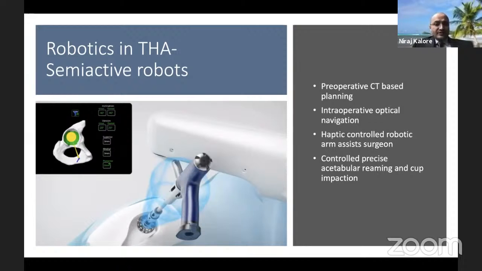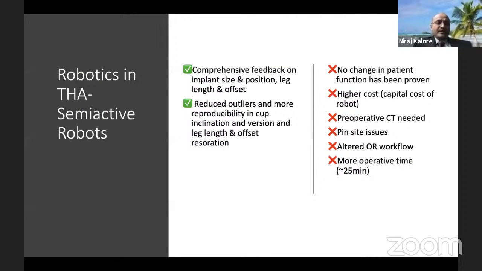It basically controls and makes sure that your acetabular reaming and cup impaction is appropriate, and gives feedback on implant size, position, leg length, offset, reduces outliers and increases reproducibility in cup inclination and version, leg length and offset restoration. Again, no change in patient function has been proven in randomized controlled trials.